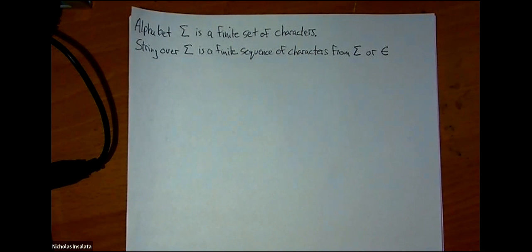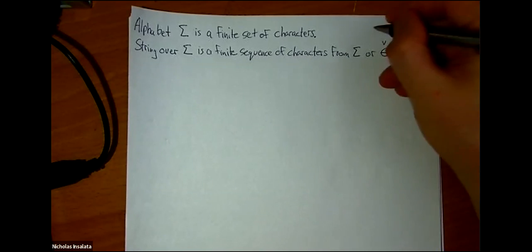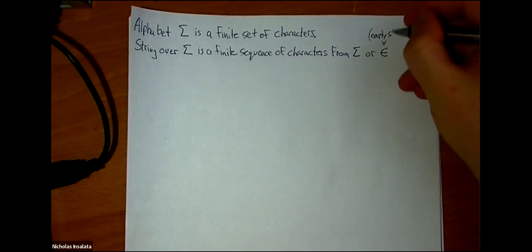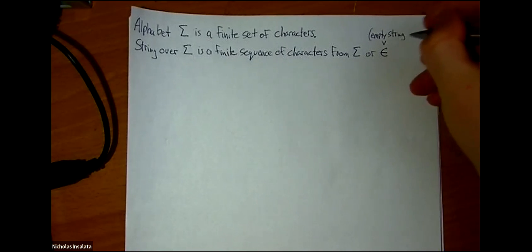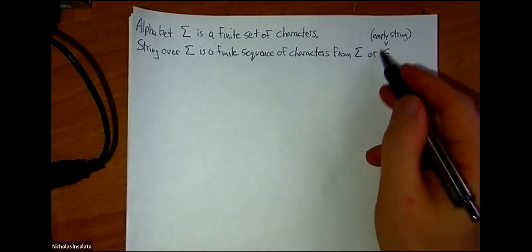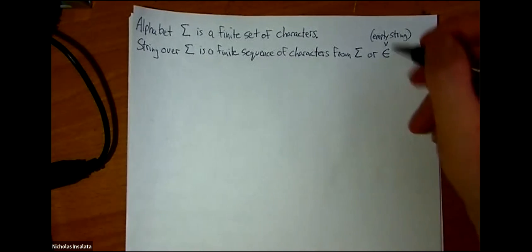So this means the empty string, which is the string with no characters in it. Your book does it this way, but I like to do it the script way to differentiate it from the element symbol because it looks too similar to me, which is annoying.